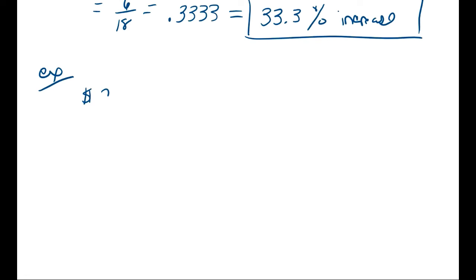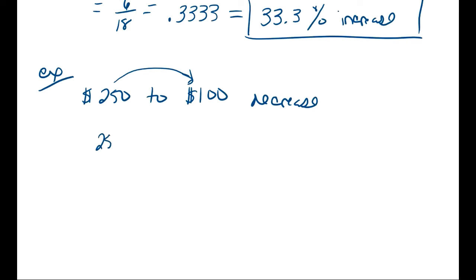What happens if we had $250 and it dropped down to $100? Okay, again, notice that this is a decrease, right? Okay, and we're going to take the difference and put the larger number first over the original number.